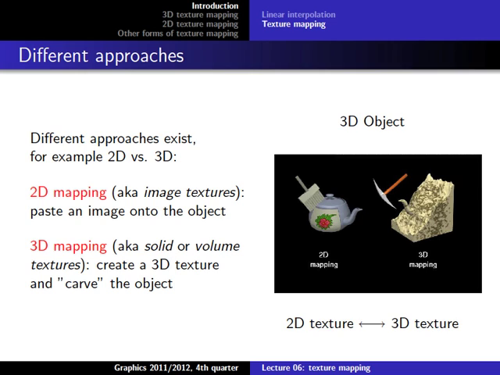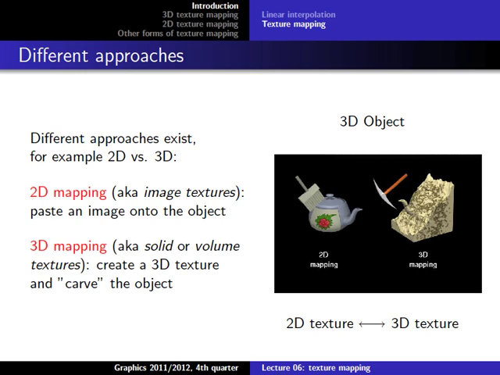Of course, this texture does not necessarily have to be an image. It can be all kinds of structure that we can use, and so we are distinguishing between two different approaches here. One is the 2D mapping, which is also called image textures because 2D resembles an image. So basically we take a 2D image and glue it or paste it onto a 3D object.